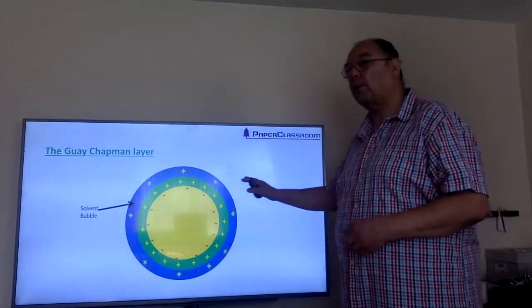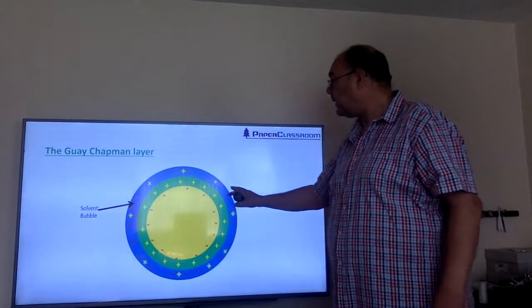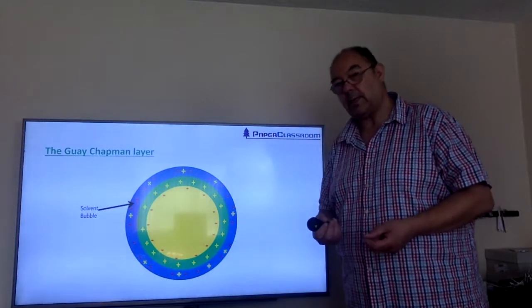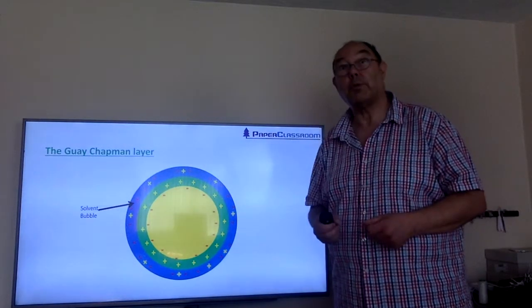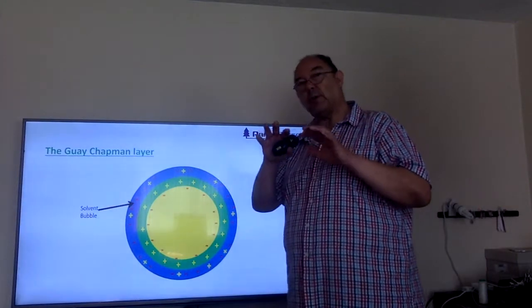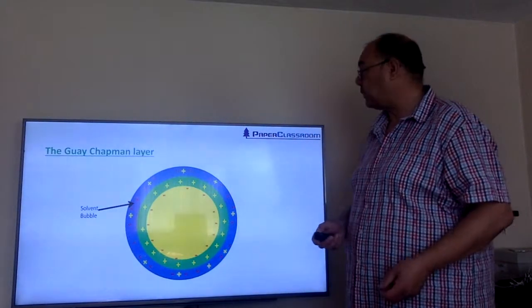But if we look very closely at this, these ions carry with them the solute particles, because they're the water particles. So they're holding on to a certain amount of water that's surrounding this particle.